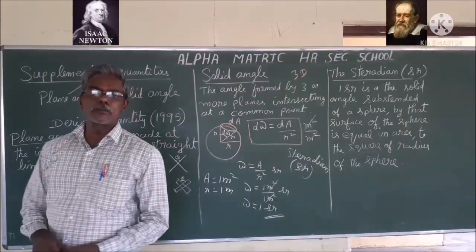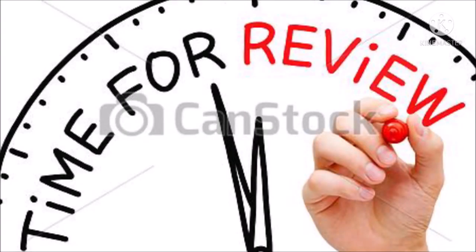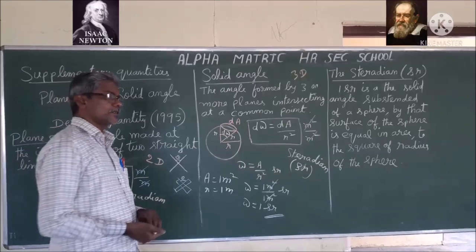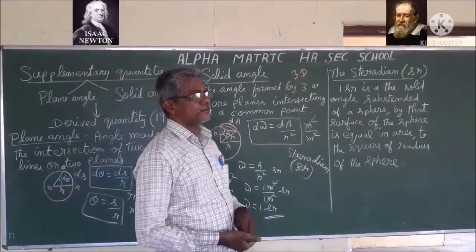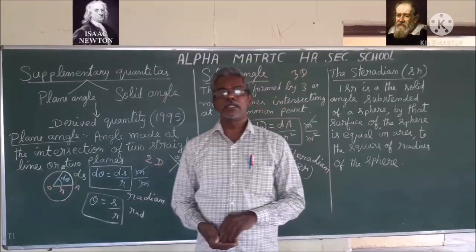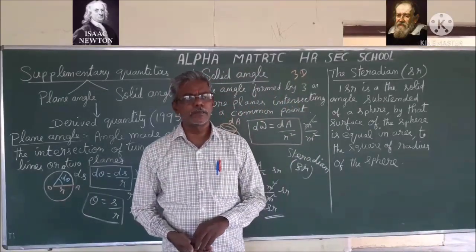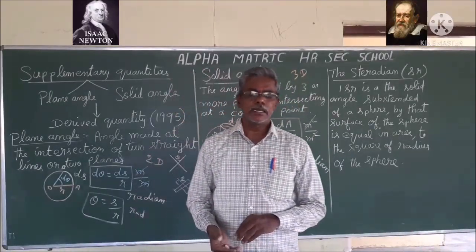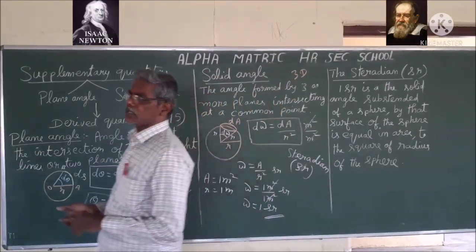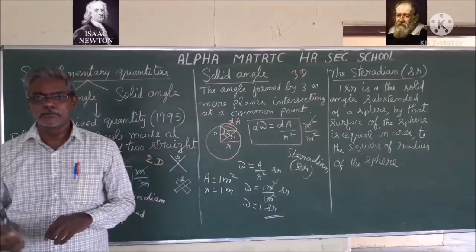So today we will stop up to this. What are the topics we discussed? First, SI base units and their definition, the 7 fundamental quantities: length, mass, time, electric current, temperature, amount of substance, luminous intensity.